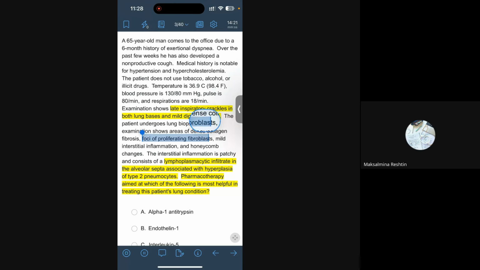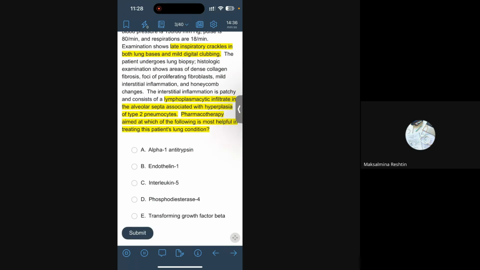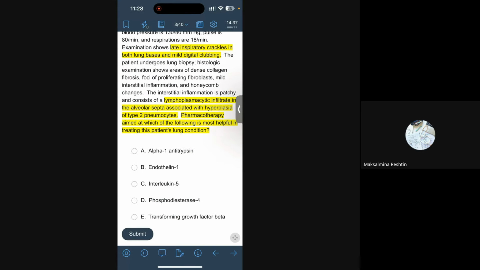Foci of proliferating fibroblasts and fibrosis can also be explained by idiopathic pulmonary fibrosis. So now all of us are sure that it is idiopathic pulmonary fibrosis. Now you have to tell me which of these things is associated with pulmonary fibrosis.